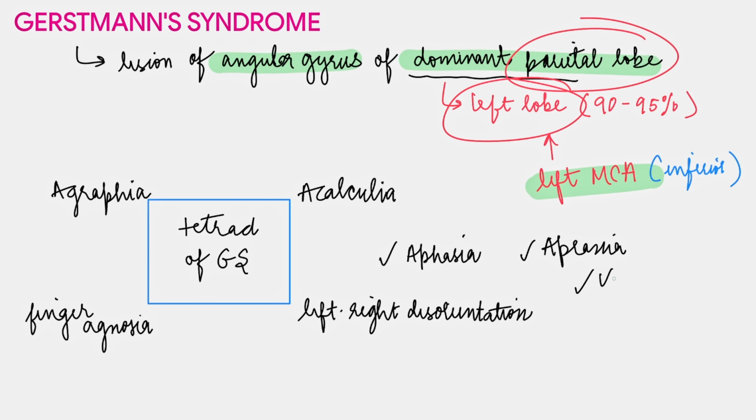Then there can be visual field defects. What visual field defects? That we'll discuss later. So this was about Gerstmann syndrome. So if the question mentions agraphia, acalculia, finger agnosia, left-right disorientation, it's a very easy diagnosis.